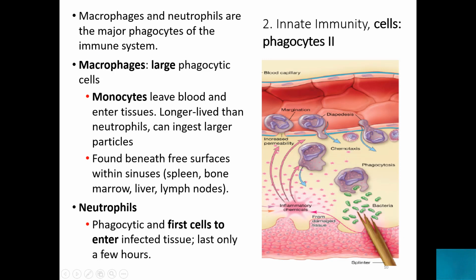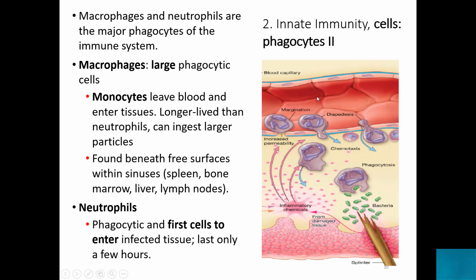Main cells would be macrophages and neutrophils, cells capable of phagocytosis. What is the difference between them? Macrophages are large. They are huge cells that can take 1, 2, or more bacteria at a time. How are they formed? They are monocytes. Remember those large blood cells, white blood cells?